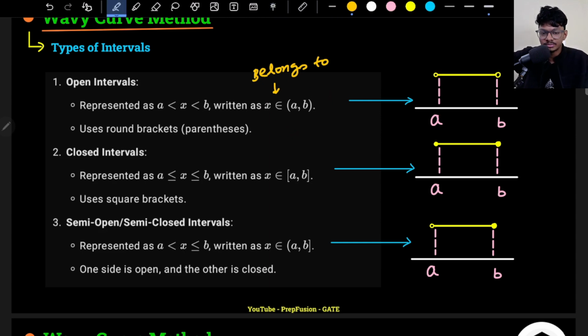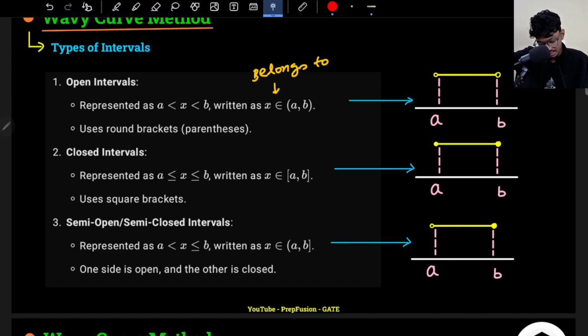Let's say x belongs to 1, 3. Between 1 and 3 I can choose any value, 1.001, 1.01, 1.00001, or 2.9999, 2.99998, any value. But I cannot choose 3, or I cannot choose 1. That's why I have represented it on the number line with open circles here, because the exact values of a and b are not included.